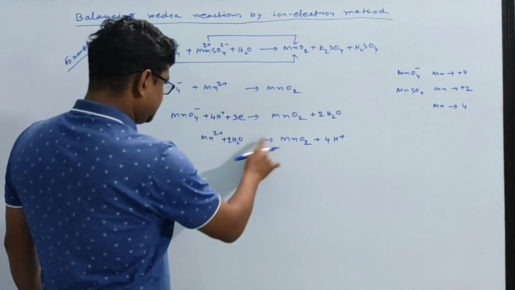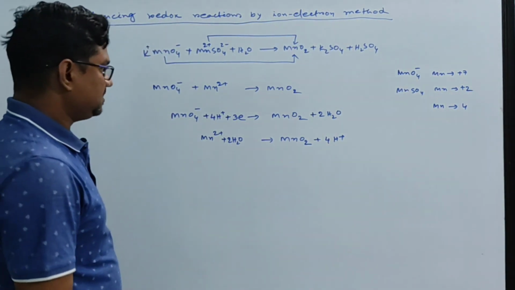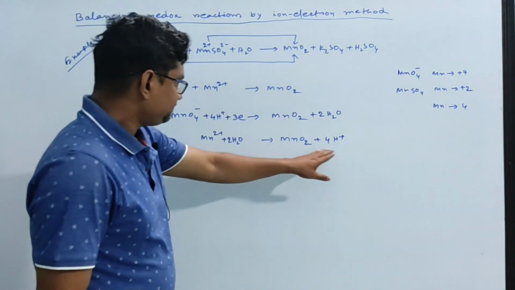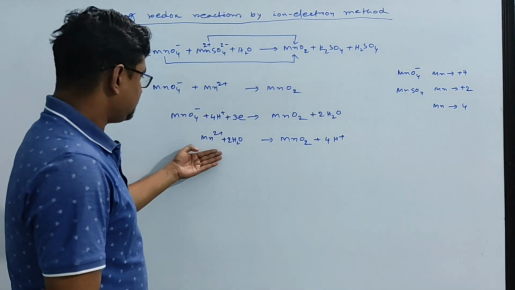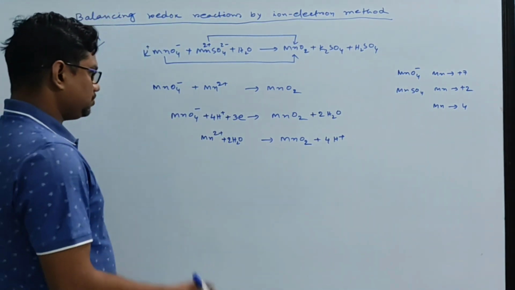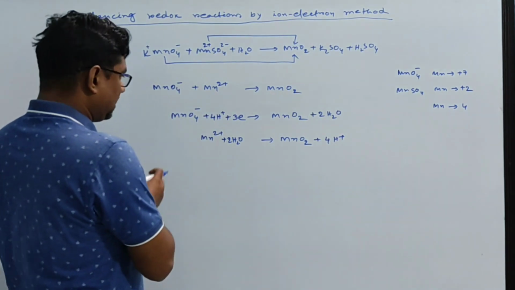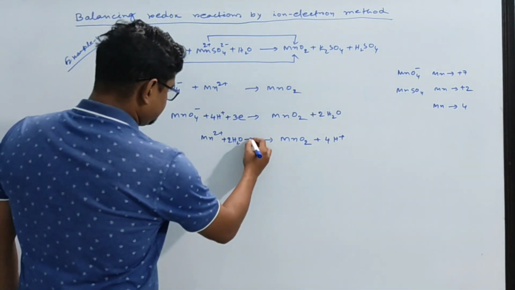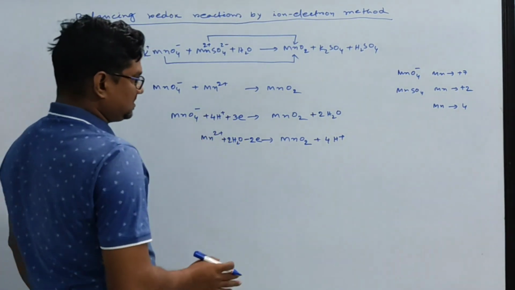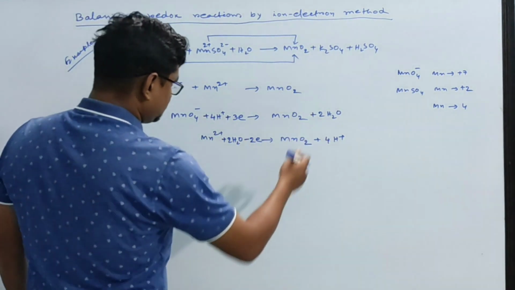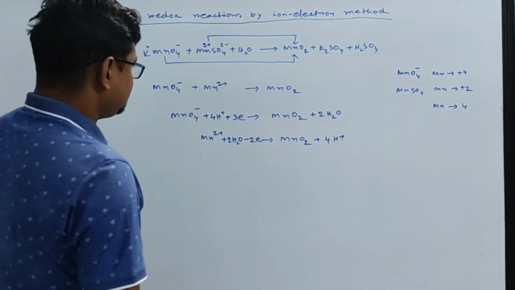Now manganese balanced, 2 oxygen and 4 hydrogen, everything is balanced. But here you see 4 positive charge at the right hand side and 2 positive charge in the left hand side. So we have to make 4 positive charge in the left hand side. How can we make it? We will subtract 2 electrons. This will make 4 positive charge at the left hand side as well, and that will be balanced with the right hand side. Now the half reactions are balanced.